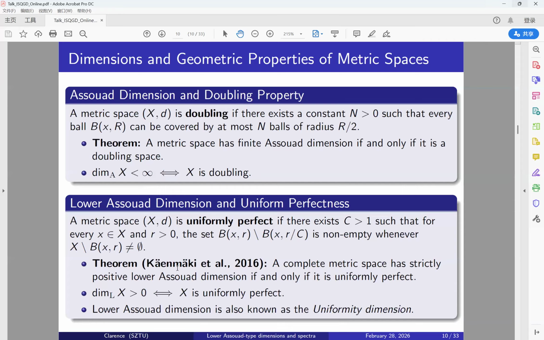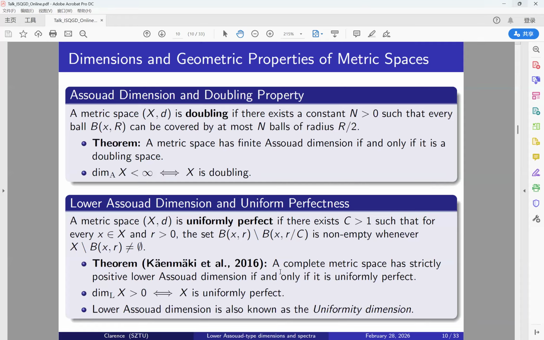A metric space is uniformly perfect if there exists a constant C such that for every x and every small r, the set B(x,r) \ B(x,r/C) is not empty whenever X \ B(x,r) is not empty.